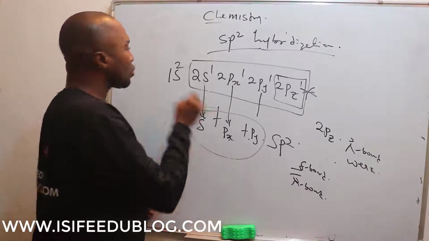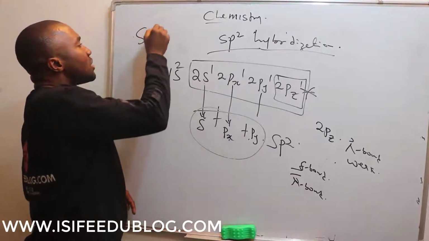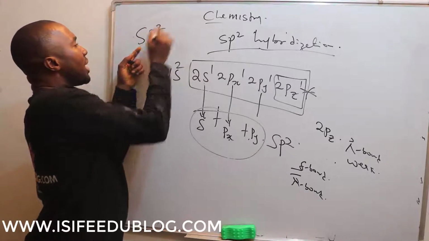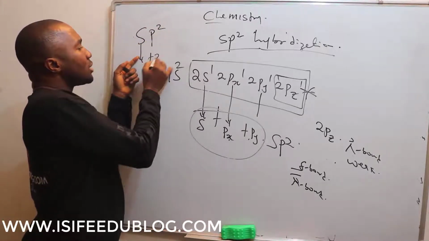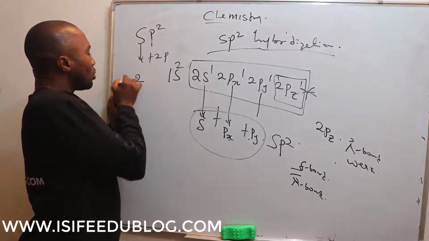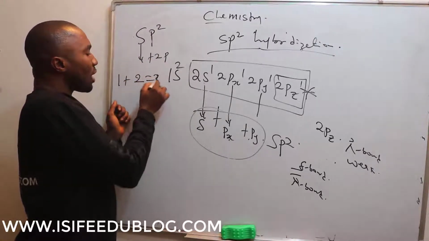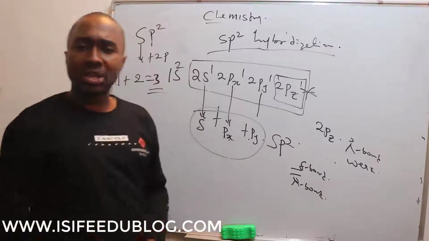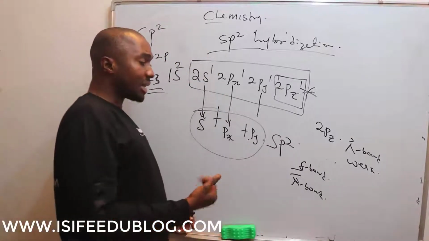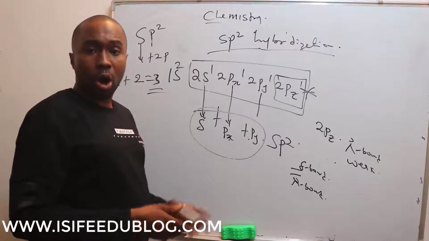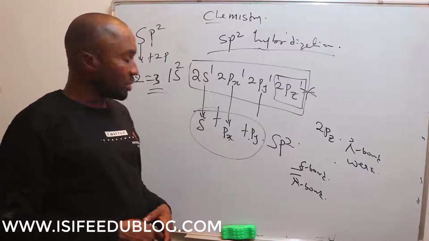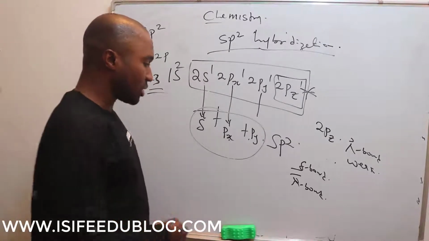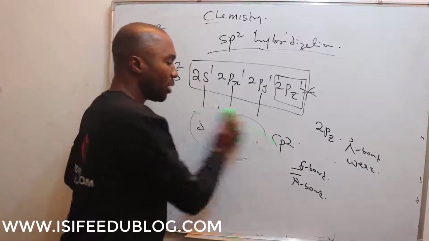If the central atom has 3 attachments, like we have 1s and 2p, 1 plus 2 gives a total of 3. So anytime there are 3 attachments to a central atom, that molecule or compound is undergoing SP2 hybridization.